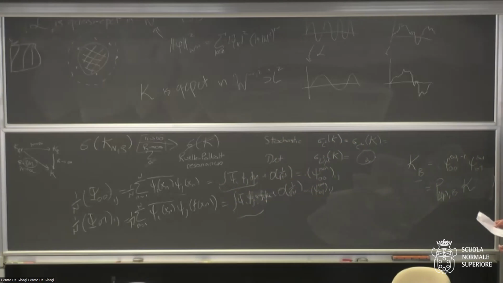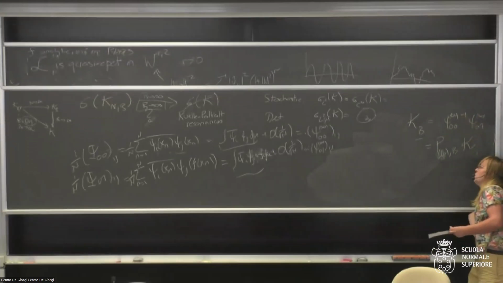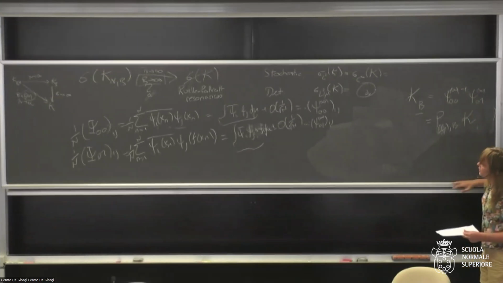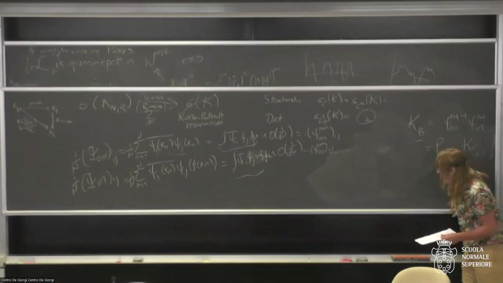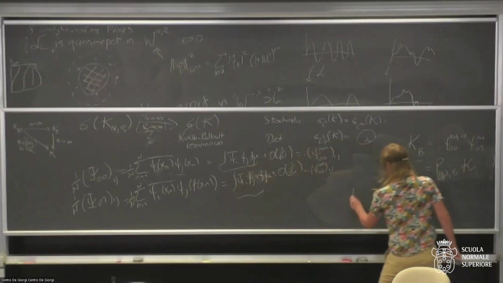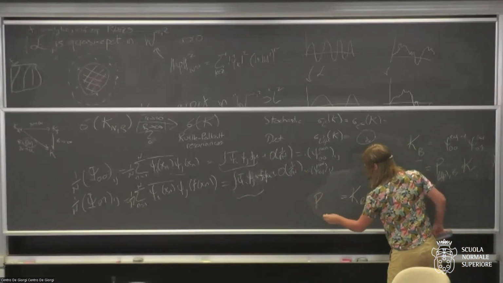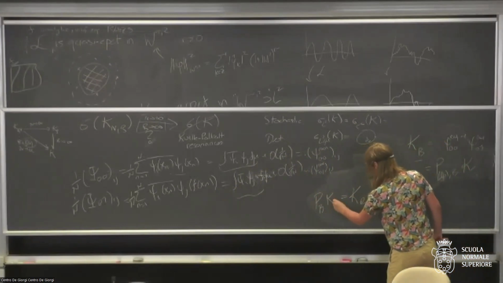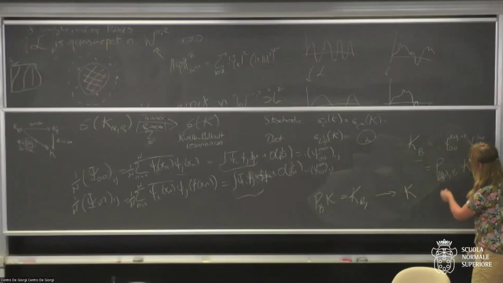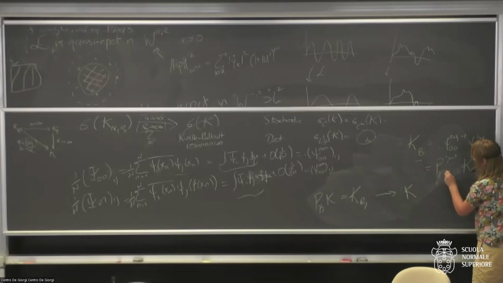So we can ask ourselves, if we're trying to understand how K_B goes to K, this is like saying, how does this projection, I'm going to ignore writing L mu, maybe I'll put it up here if it becomes relevant.